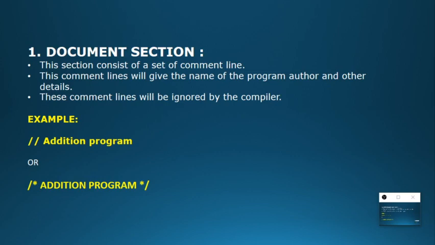Suppose you want to give an author name or any details of your program, for example this addition program is written by some people, you can write that in this comment section. The compiler will ignore the first part, which is called the document section. It will just skip the lines which are written as comment lines.